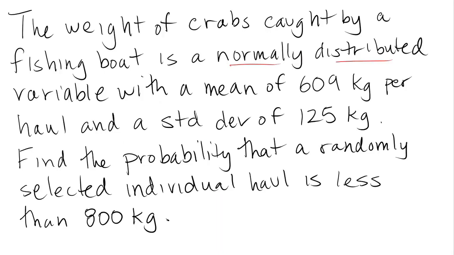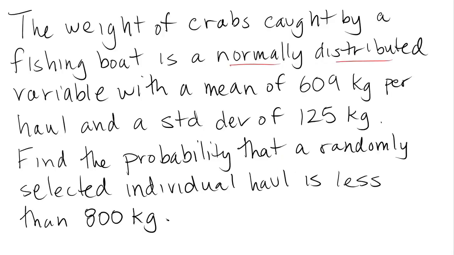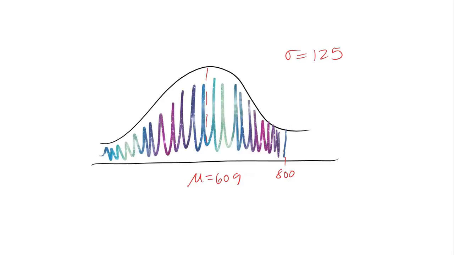Now, a common misconception that students will have when they've only seen a couple of examples is, well, this is a less than problem, so it must be a 0.5 minus. But we don't know that yet. I want you to look at the picture and we'll determine that. 800 is bigger than the mean. So the probability that the variable is less than 800 is going to be the area shaded here.